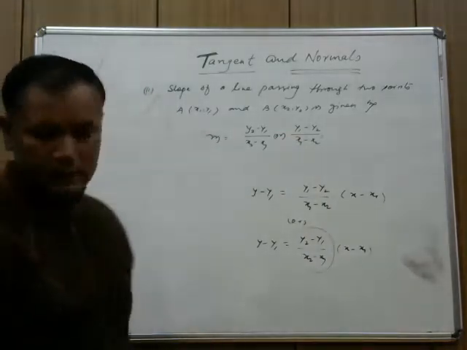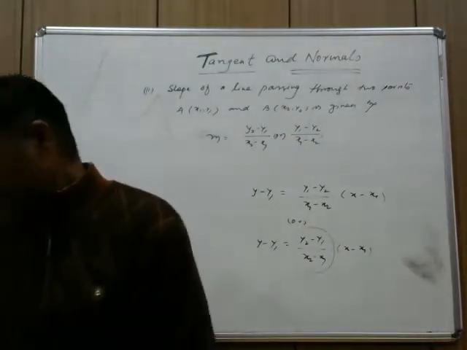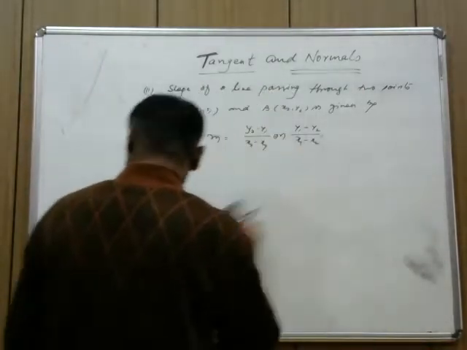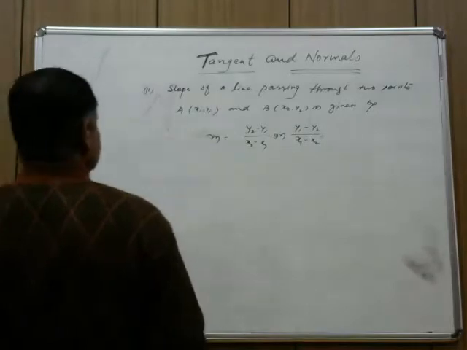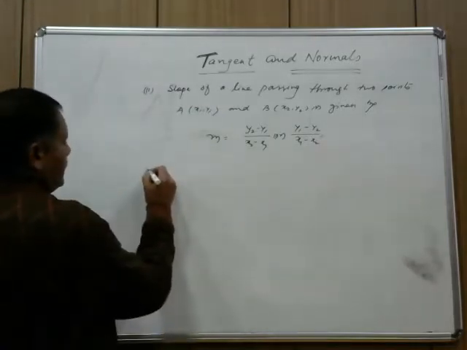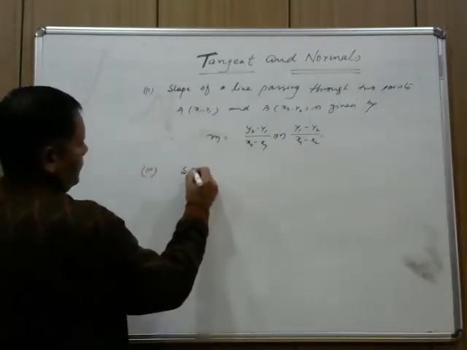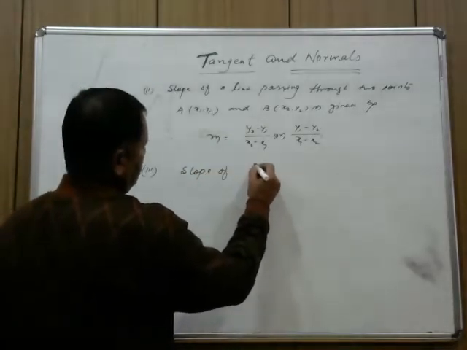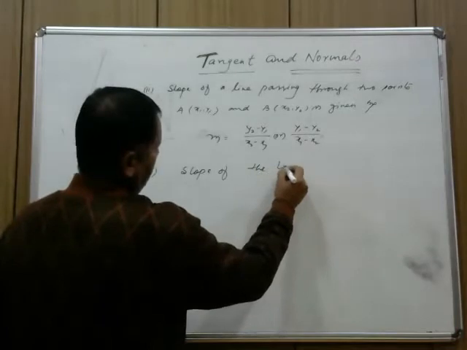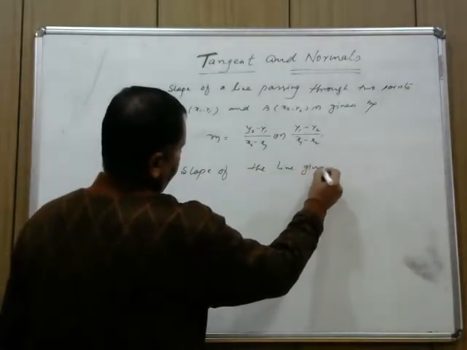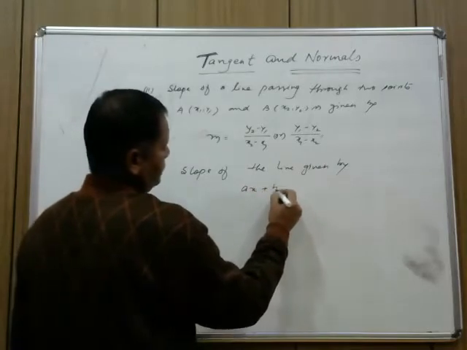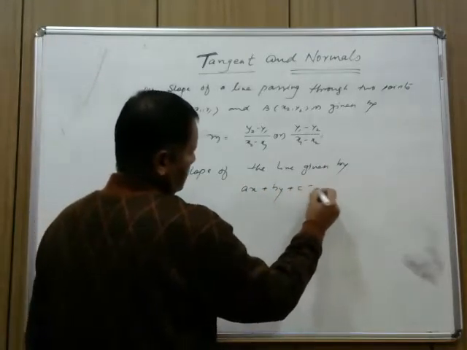Right? Now the slope of the line given by ax plus by plus c equal to 0.